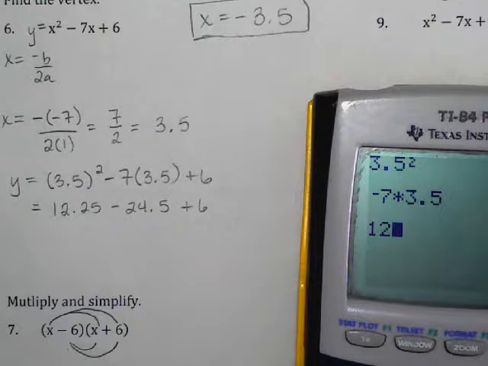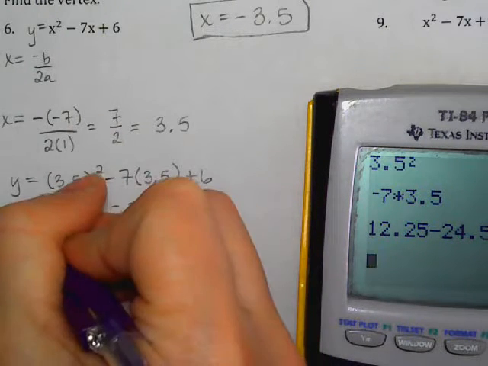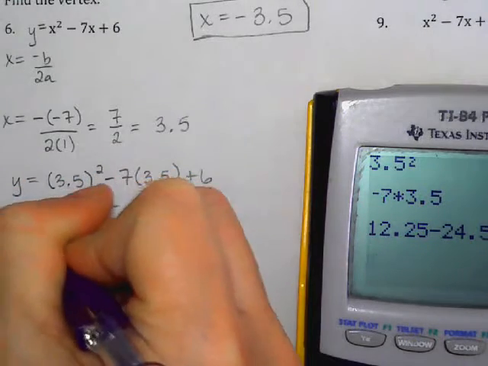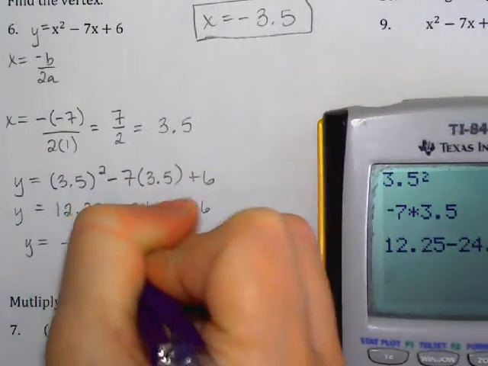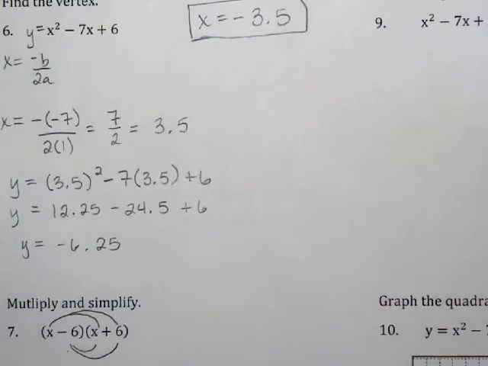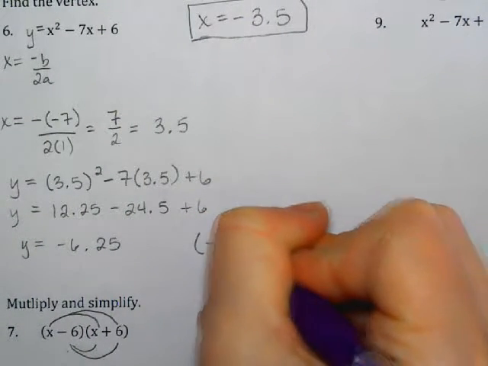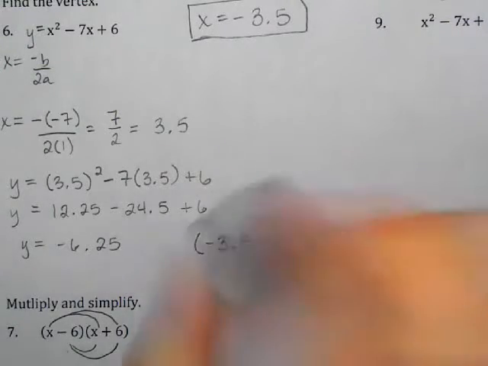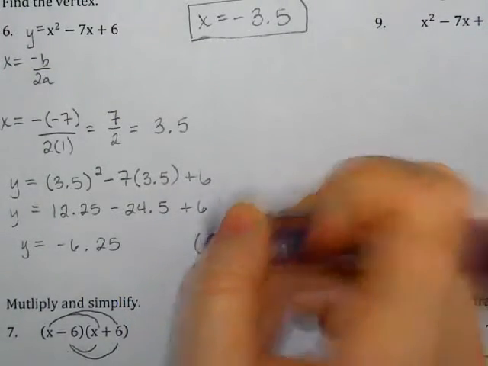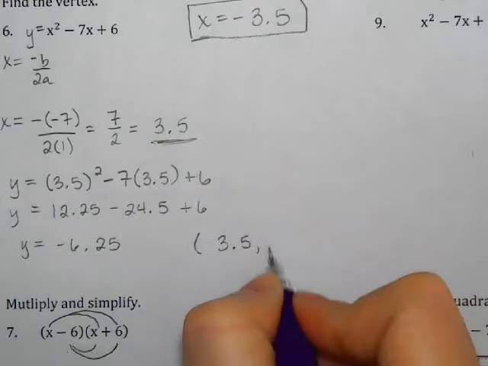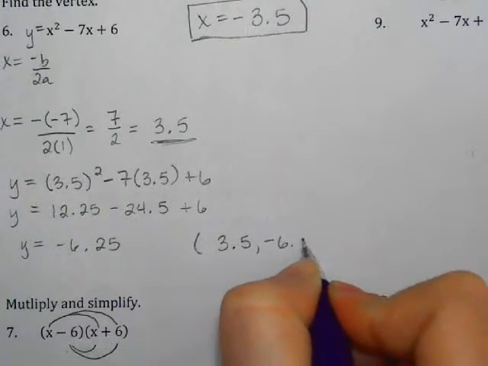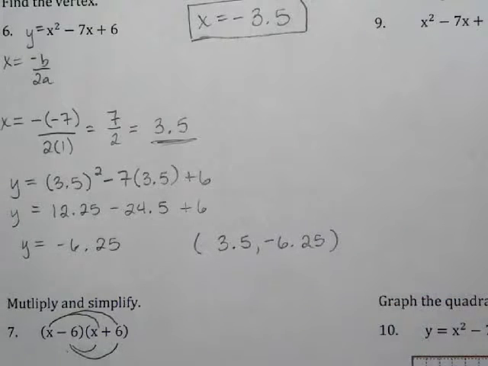And then I'm just going to put that together. 12.25 minus 24.5 plus 6, so negative 6.25. So my vertex is negative 3.5 for x. Not negative, sorry, I was looking at the wrong one. 3.5 and negative 6.25. So that's my vertex.